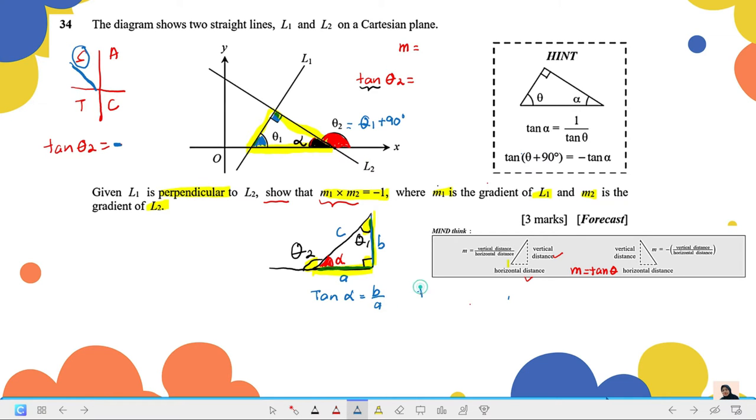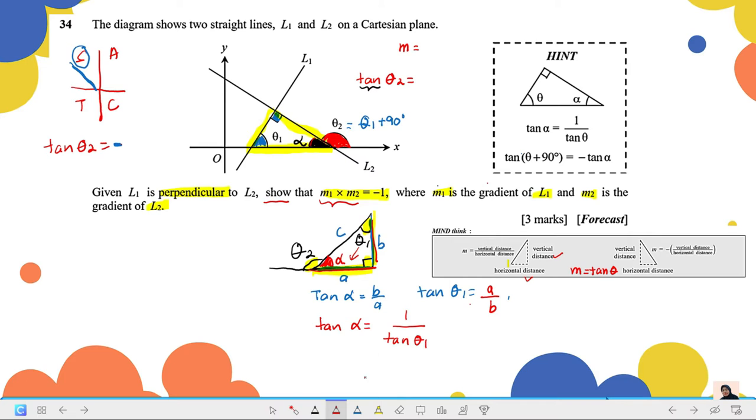Tangent theta 1 is opposite side over adjacent. So you can see right now, actually, tangent alpha is 1 over tangent theta 1.